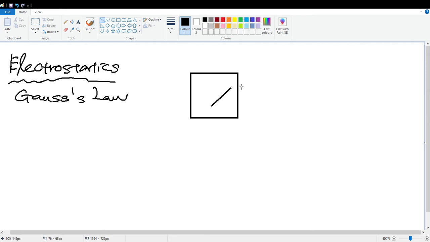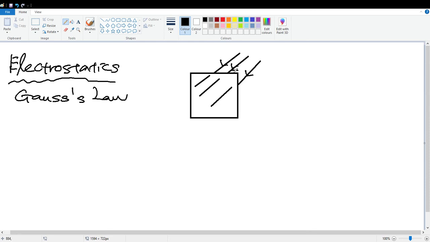So consider the electric field passing through these metal plates from the back to the front.